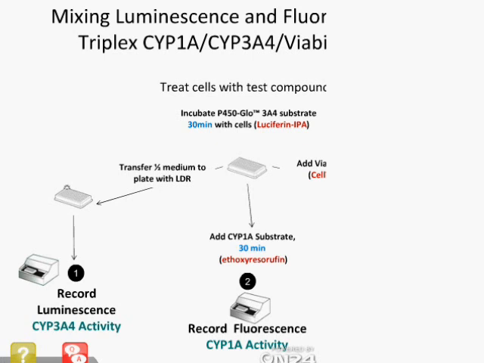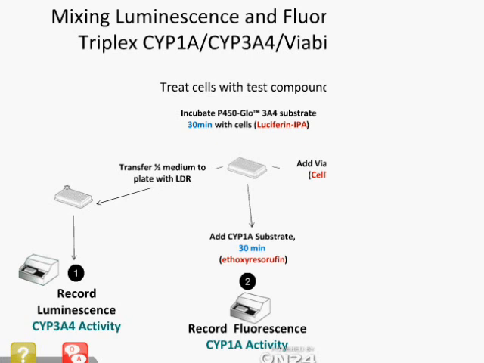After treatment with a test compound, as shown here, the luciferin-IPA substrate for 3A4 is added to culture, and a portion of the culture media is removed to a second plate where the P450-Glo 3A4 assay is performed. Next, a fluorescent CYP1A substrate, in this case ethoxyresorufin, is added to the remaining cells in culture, followed by incubation and treatment and measurement of fluorescence.